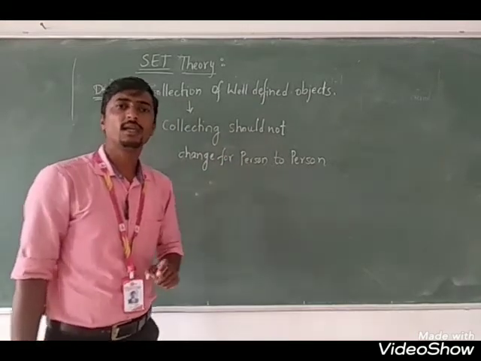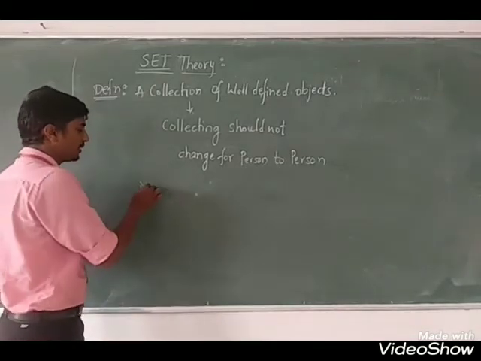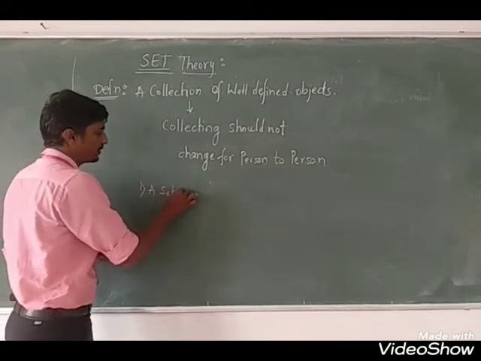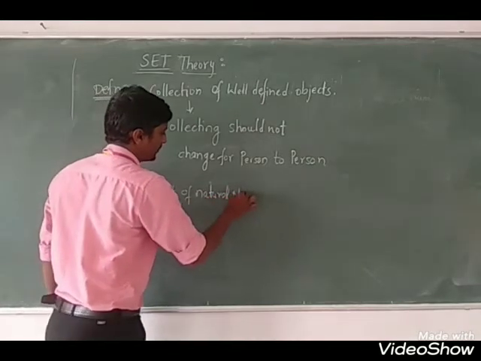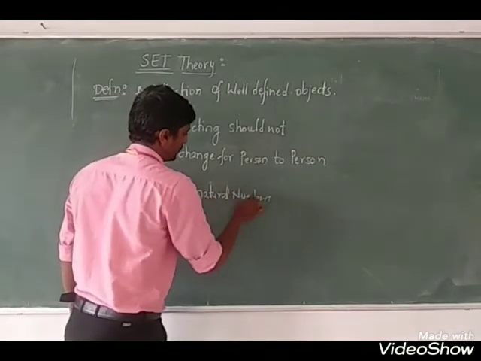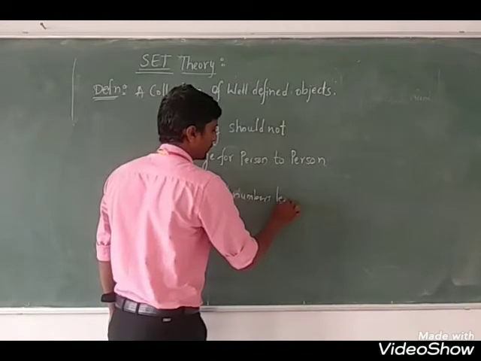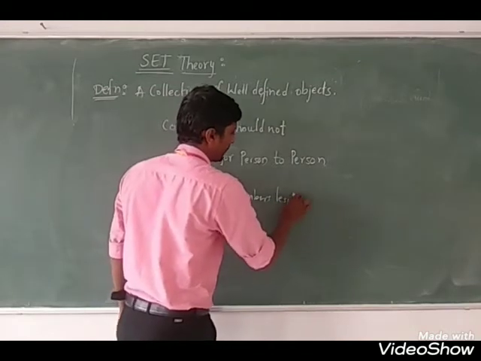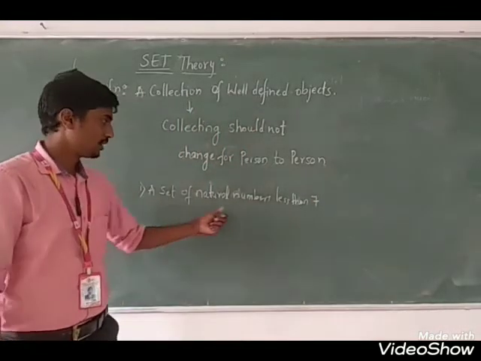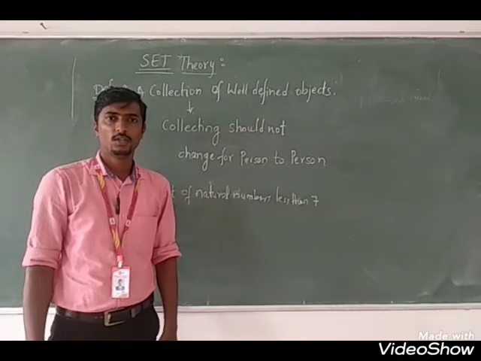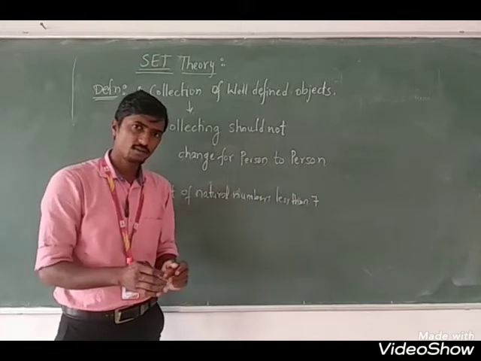Yes, let us understand by an example. If I say a set of natural numbers less than 7, can it be possible to collect all the numbers which are less than 7?